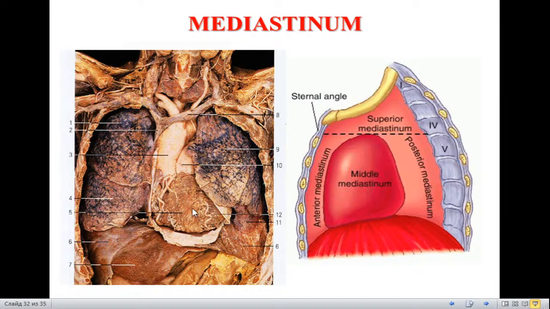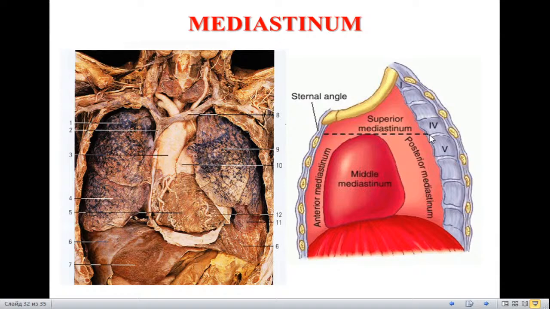According to the classification, there are superior mediastinum and inferior mediastinum. The border between superior and inferior mediastinum is the imaginary line which passes through the angle of the sternum to the intervertebral disc approximately between 4th and 5th thoracic vertebrae.